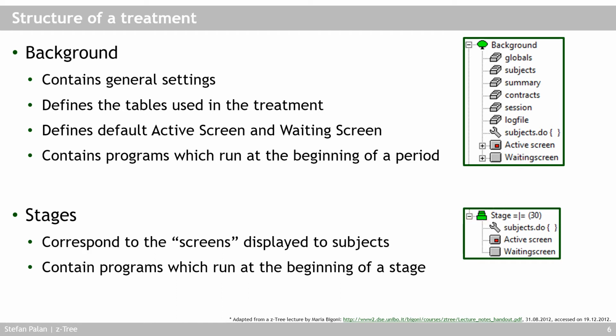Now, for the individual stages, as I said, they can be considered as the screens that are displayed to subjects. And stages, again, can contain programs that run at the beginning of the stage before the screens are being shown.